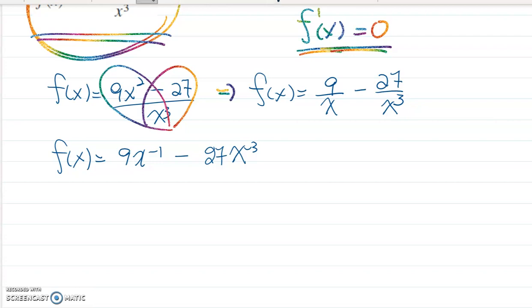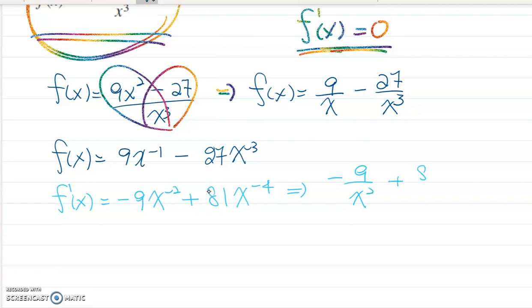Now I'm going to find the derivative of this function. So f'(x) becomes -9x^-2 plus 81x^-4, which we can rewrite as -9 over x squared plus 81 over x^4.